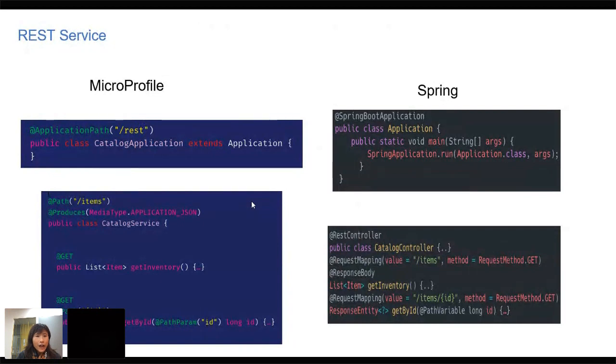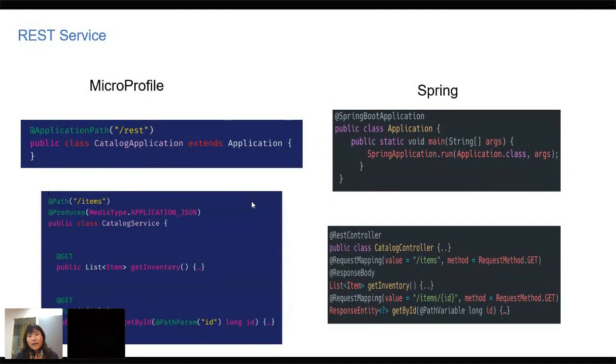You will have @Path as an annotation, and also you specify the format of the response. In this example, on the left-hand side, you say this format on the wire will be application JSON. And then you can declare any GET operation.